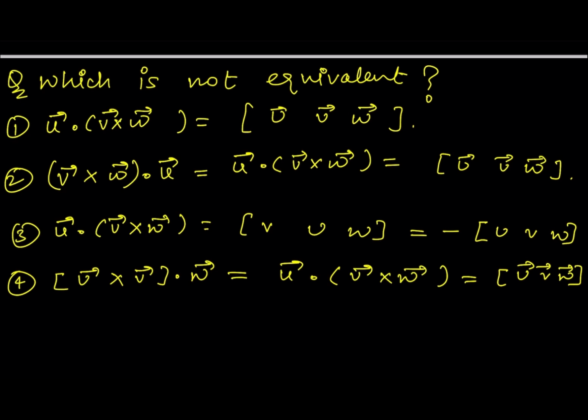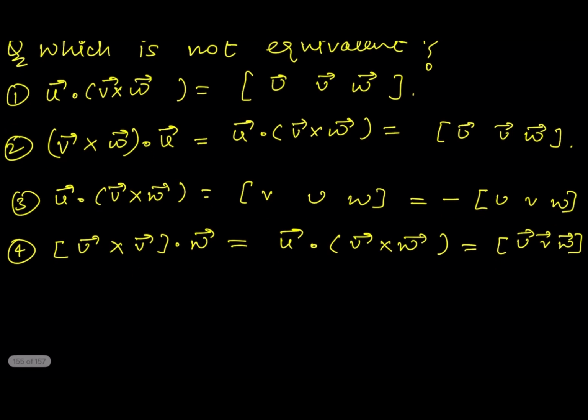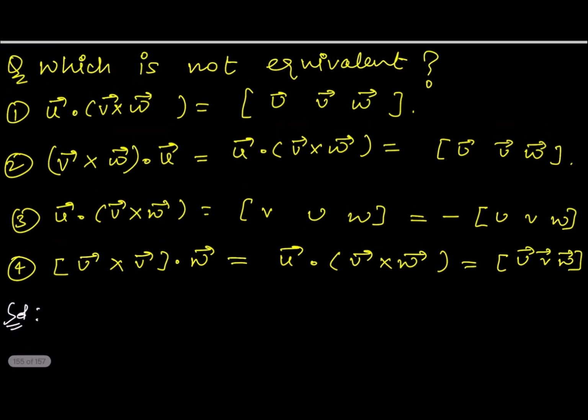Which is not equivalent means we have to answer the option which is not correct, right? So we know U dot V cross W is box UVW, so the order is not disturbed. So the first is correct, but according to the question it is not the option.